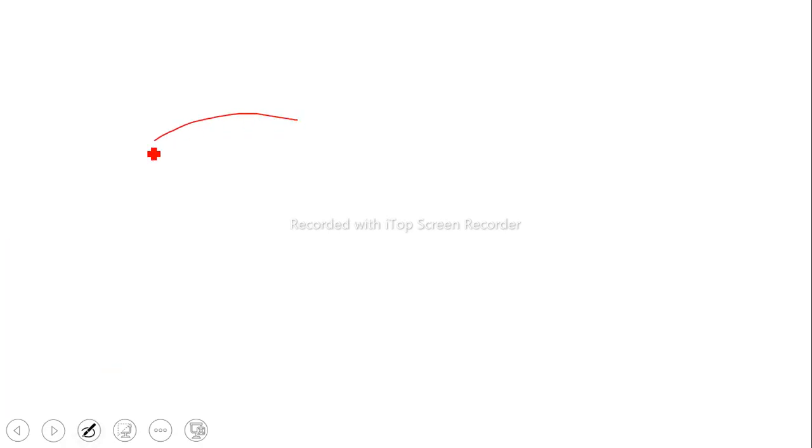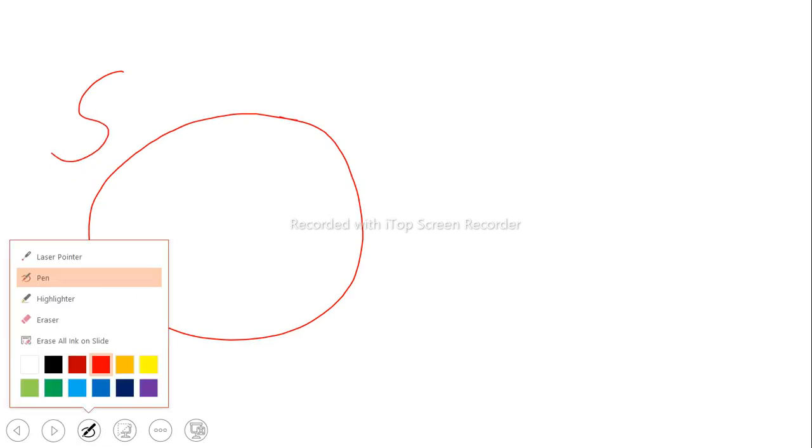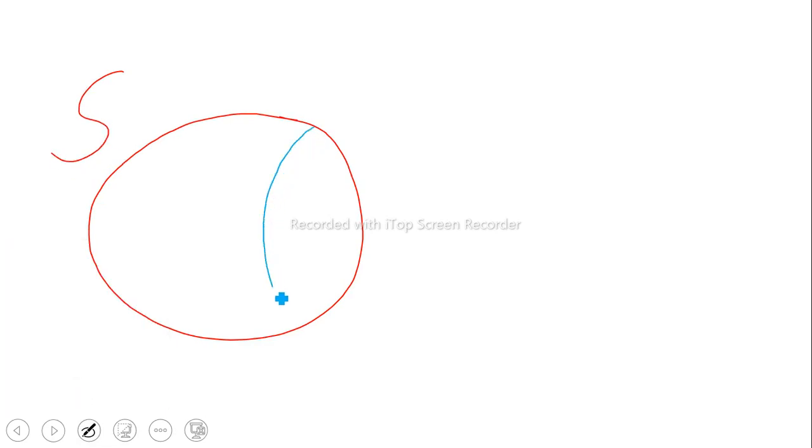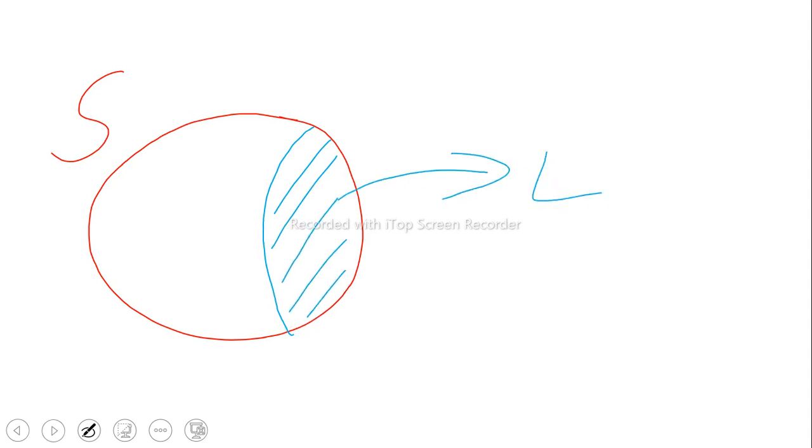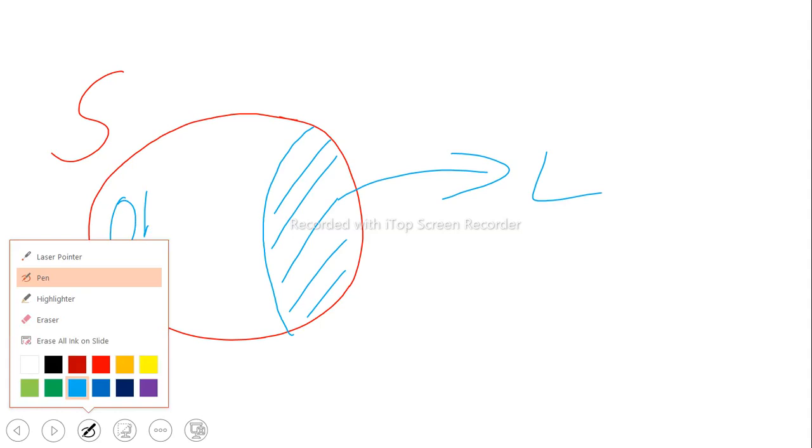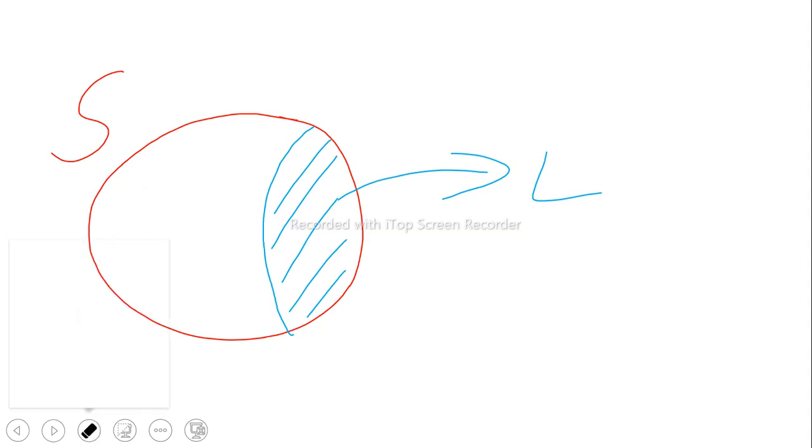We know that this entire thing is S. But we know that part of S contains people that are also in L. You see what I'm saying? But I want S only. I don't want the part that also took statistics and linear algebra.